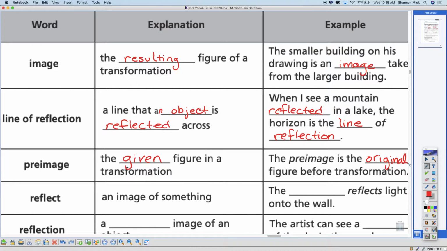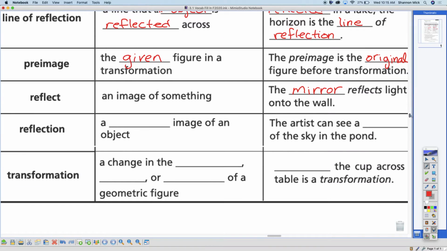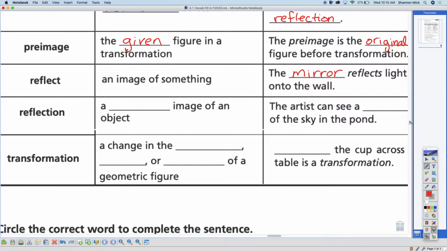Okay, the blank reflects light onto the floor. What would reflect light onto the floor? A mirror. For reflection, it says a blank image of an object.